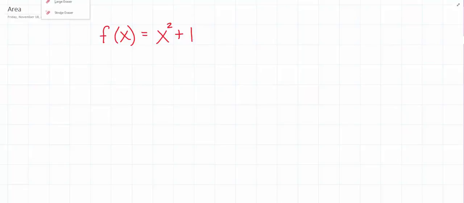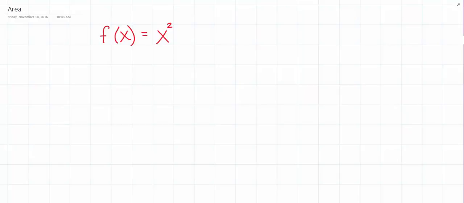Okay, so here is area, and let's suppose that we've got a function here. Let's suppose we've got f of x equals x squared plus 1. Or I tell you what, let me just do x squared.